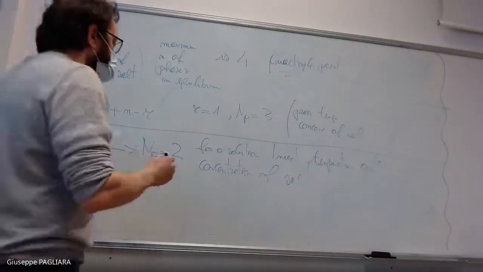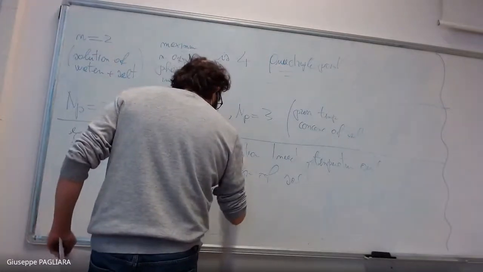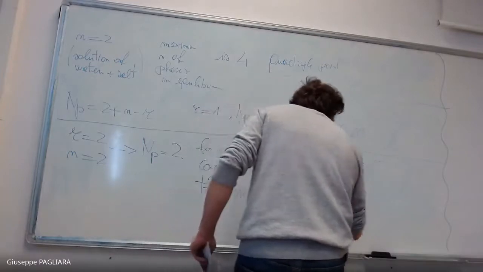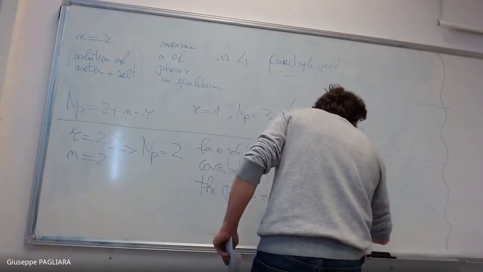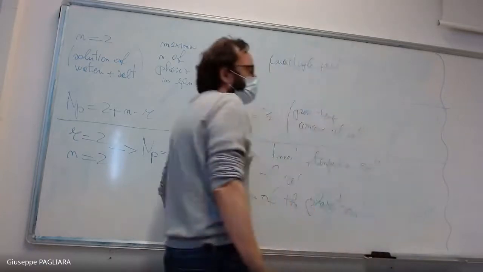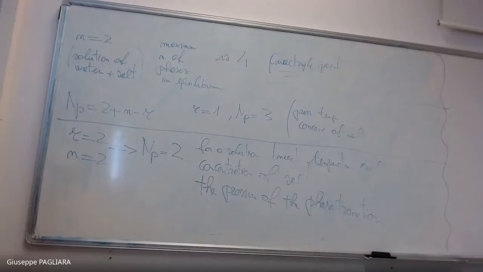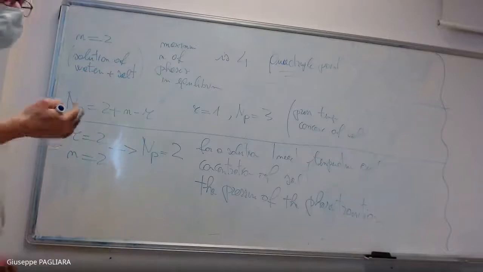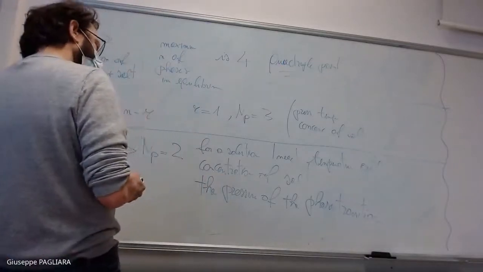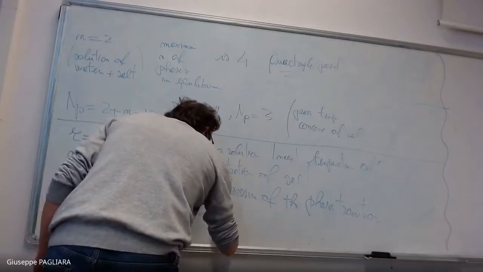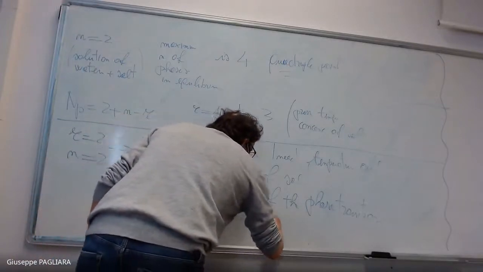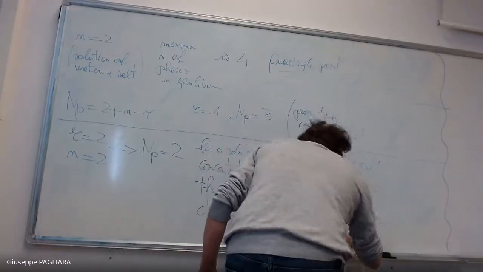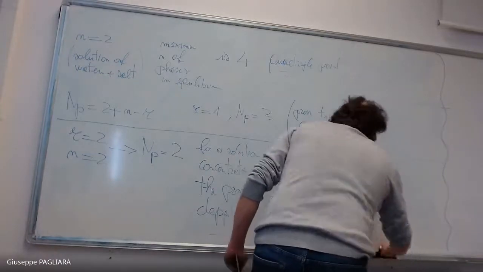That means also that the pressure of the phase transition, or if you want the line of the phase transition, depends on the concentration of salt. It's not a line anymore; it's a surface in the phase diagram. The pressure of this depends on the concentration of salt. Okay.